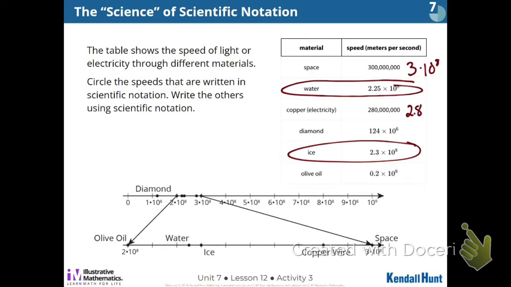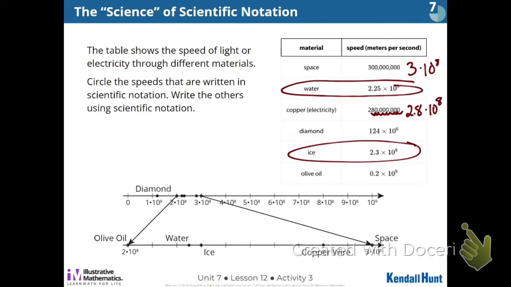Okay, so how many times did I move the decimal to put it there, Troy? 1, 2. It's 8. Either way, 8, right? Because if I multiply 2.8 by 10, 8 times, it gets back to the original spot.